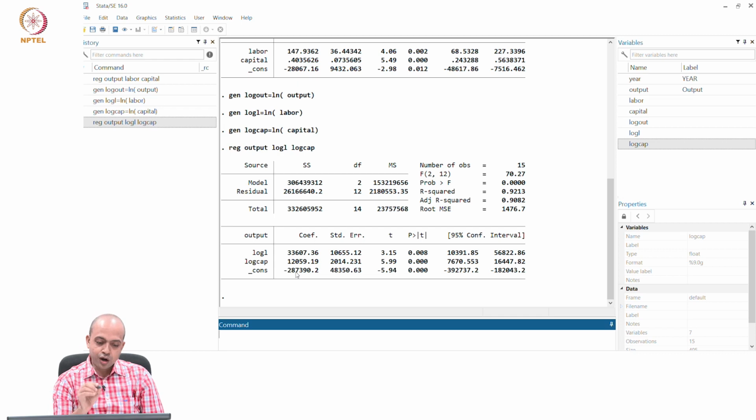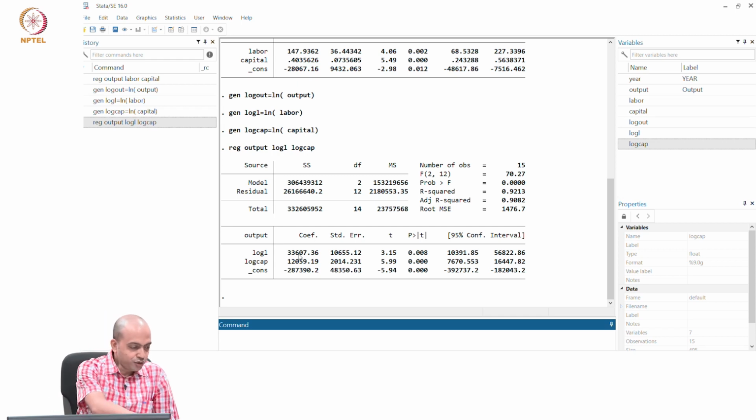When labor increased by 1%, output changes by 336.07 unit. When capital changes by 1%, output changes by 120.59 unit, and this is what we got dividing beta hat by 100, very simple.